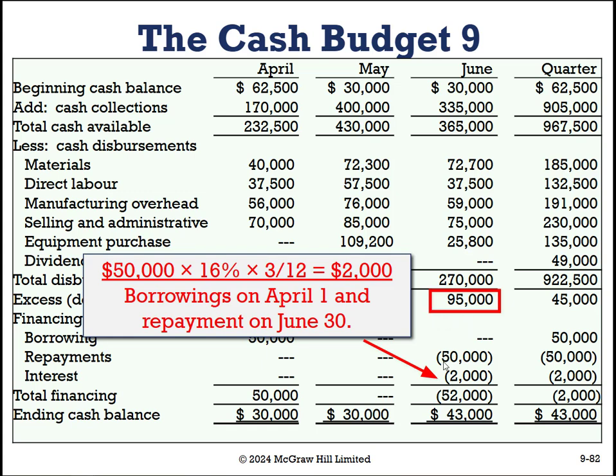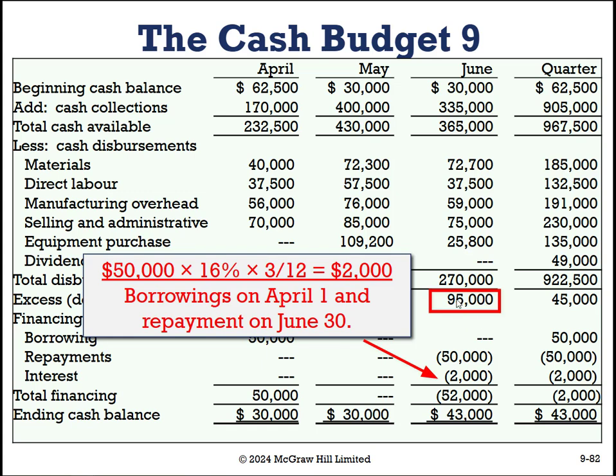You would then want to pay back your $50,000 from that disbursement for the money that you borrowed in April. You would then also need to pay back 3 full months of interest on 50,000 at 16%, so 3/12 times 16% times 50,000 equals 2,000 that you need to pay back with this excess cash.